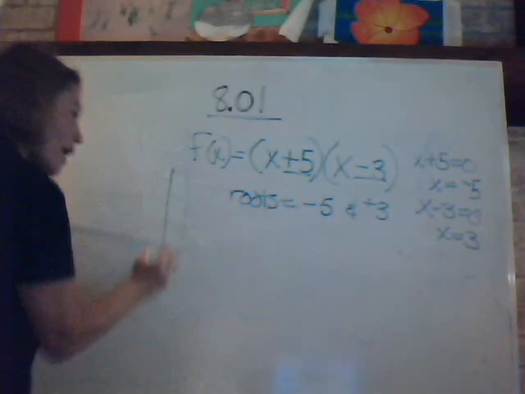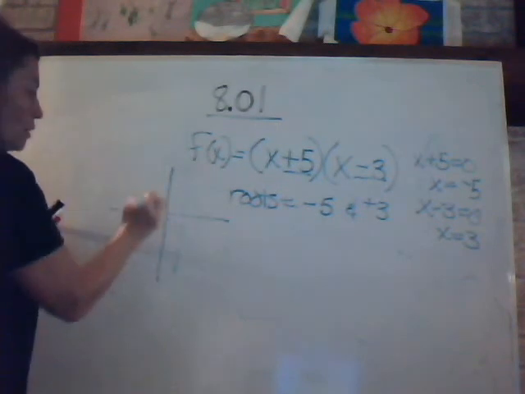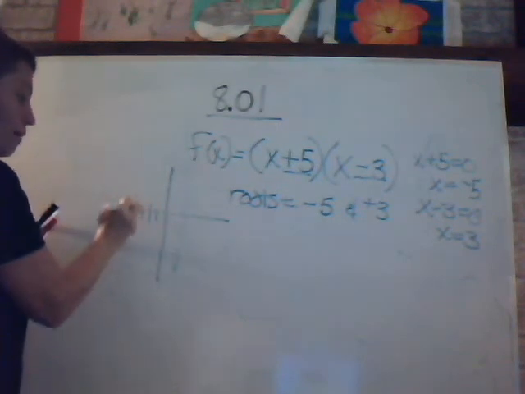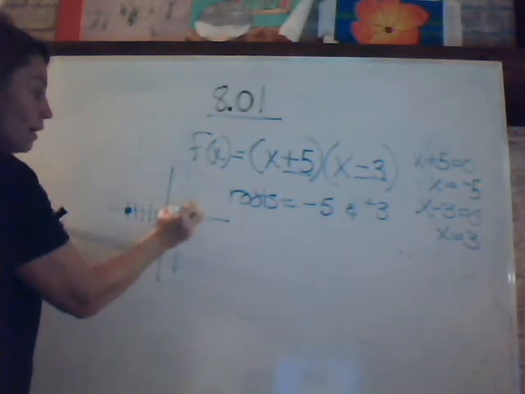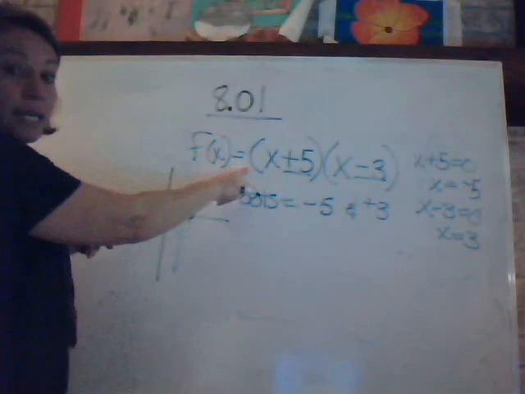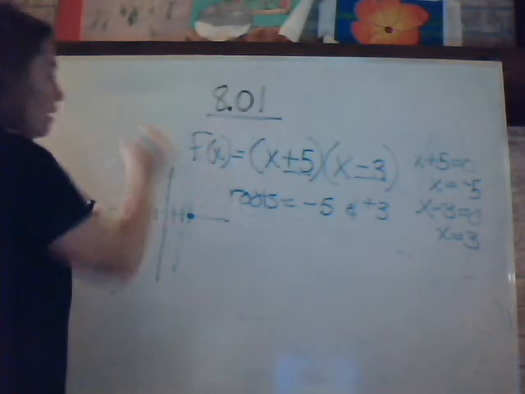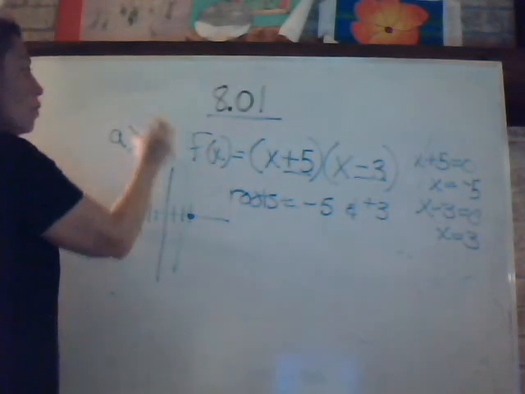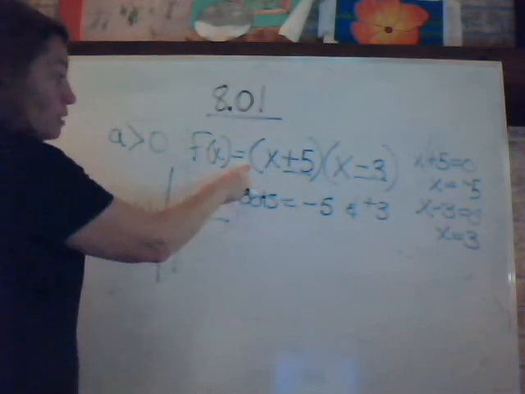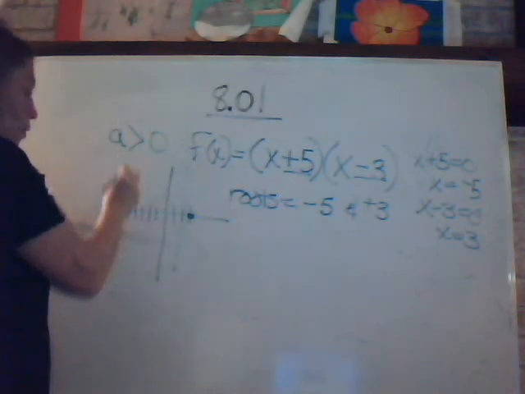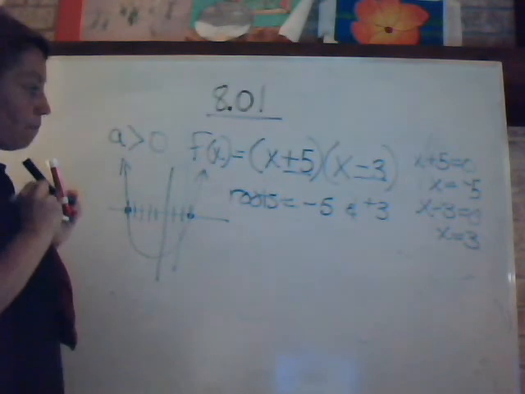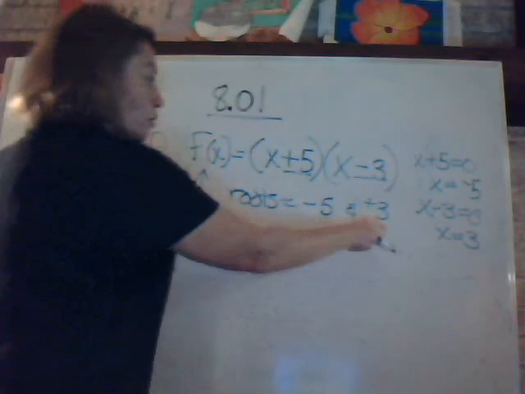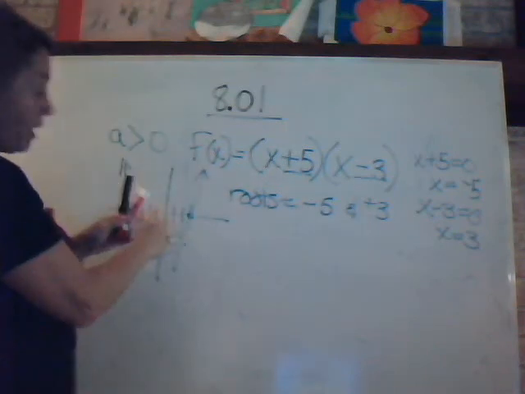Okay, so as a graph, what does that look like? 1, 2, 3, 4, 5. Negative 5 down here. 1, 2, 3. Now, this quadratic is facing up because a is greater than 0, or a is positive, right? It's a positive 1, so it faces up. So my quadratic will be generally graphed like that. Okay, what's my axis of symmetry? Well, I take my two roots, and I'm finding the halfway point, right?